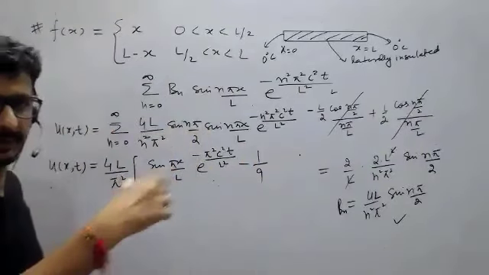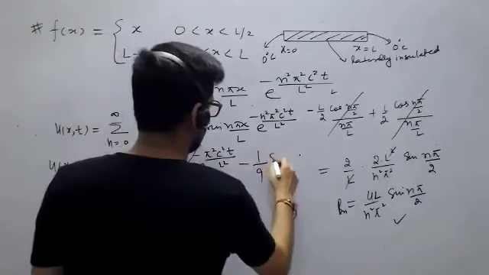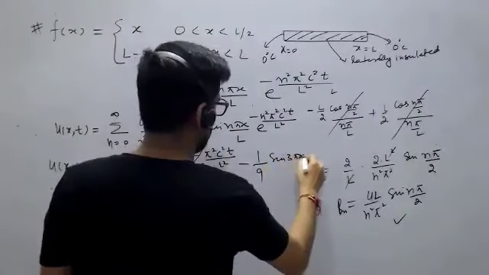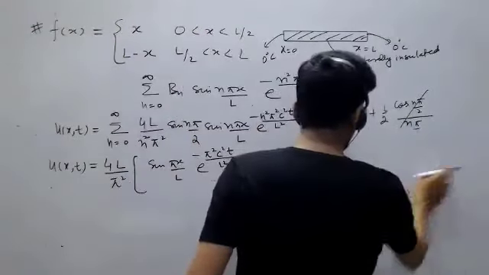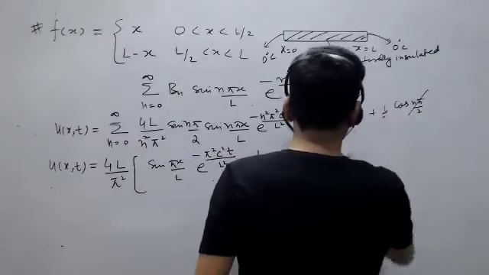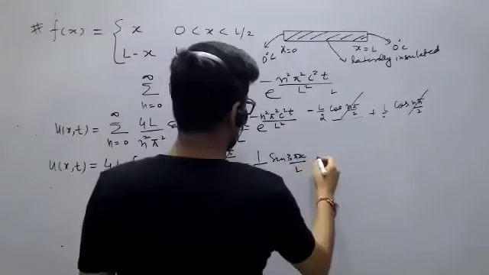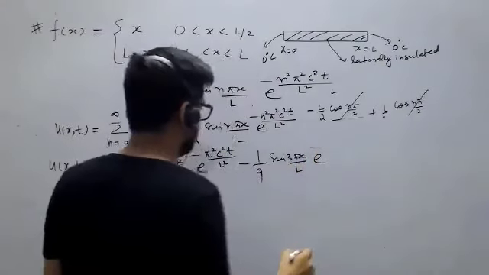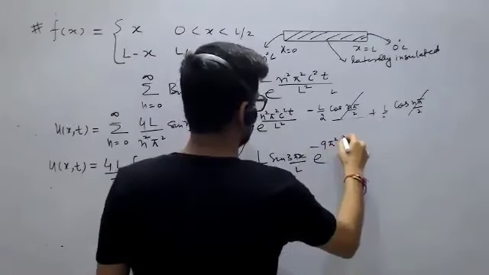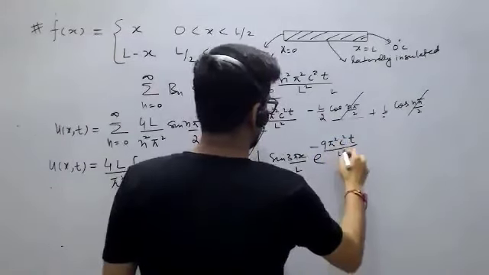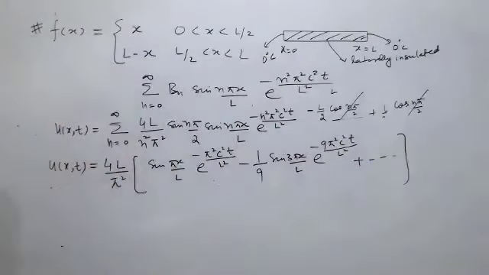Okay, 3 pi by 2, and this will become sine of 3 pi x by L into e to the power minus 9 pi square c square t by L square plus dot dot dot. Correct?